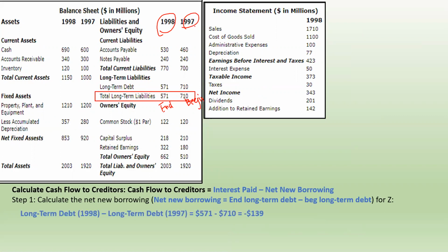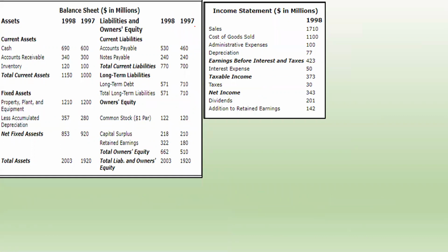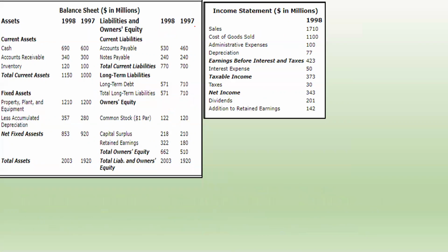So the net new borrowing is negative 139. The interest paid is 50. So the cash flow to creditors is 189.